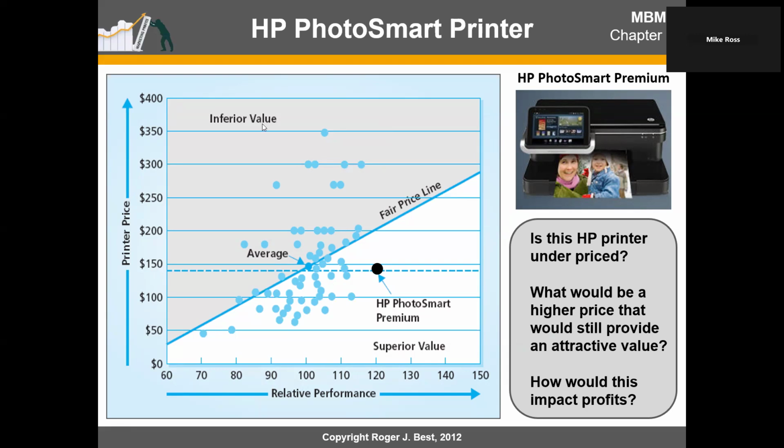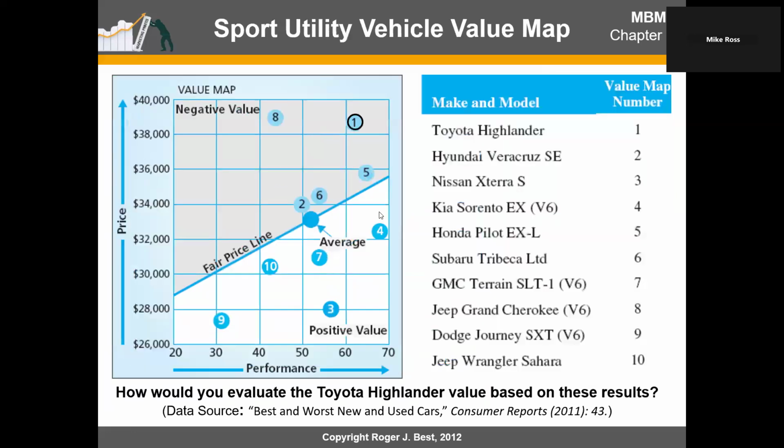Here, this HP PhotoSmart Premium product seems to have a relative performance value of 120 and it's below the fair price line or fair value line. And so this would say customers view the HP PhotoSmart Premium to be of superior value, and therefore the HP PhotoSmart is in a market share gaining position.